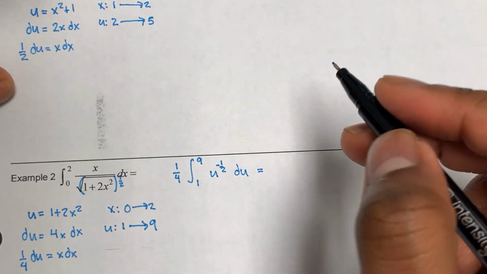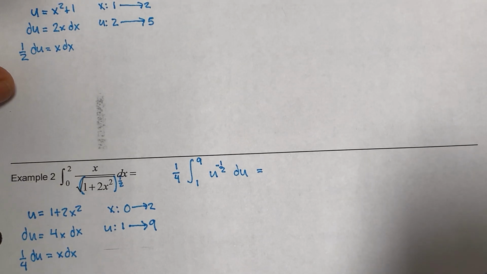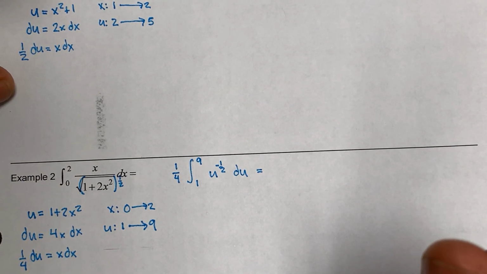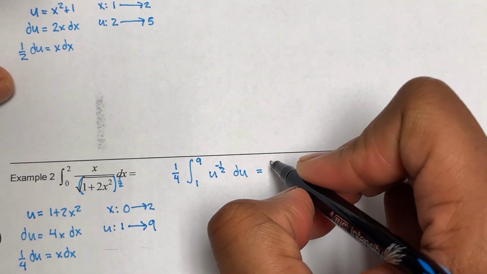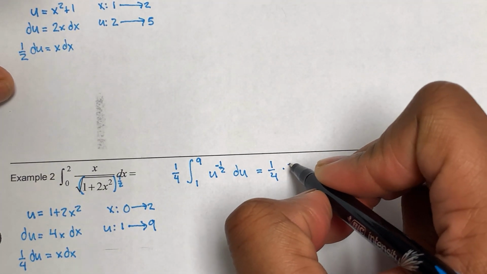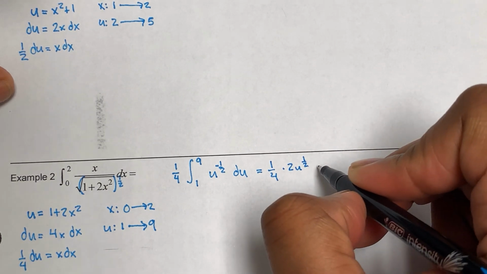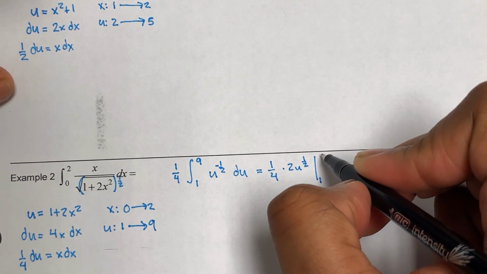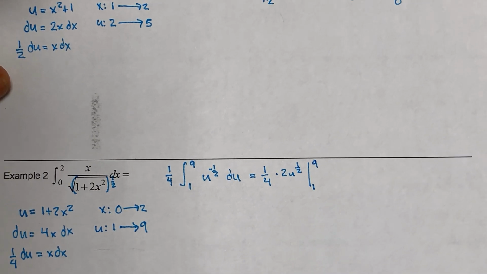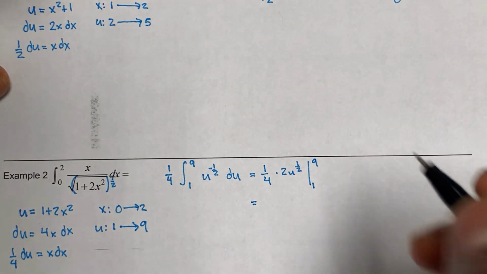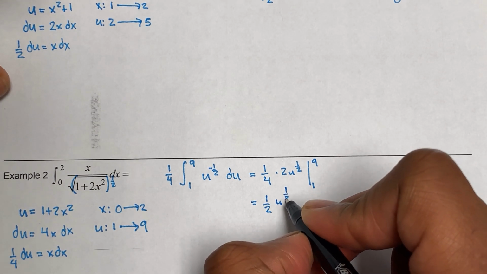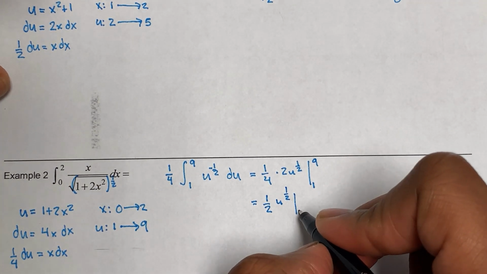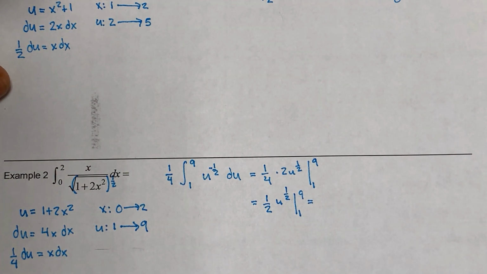And when we integrate, we'll get u to the 1/2 divided by 1/2, which is the same as multiplying by 2. So you know what, write it out. 1/4 times 2u to the 1/2 evaluated from 1 to 9 simplifies to 1/2 u to the 1/2 evaluated from 1 to 9.